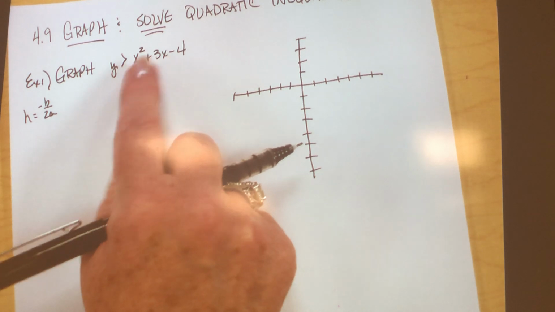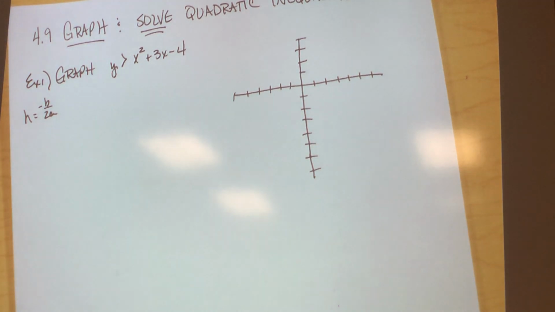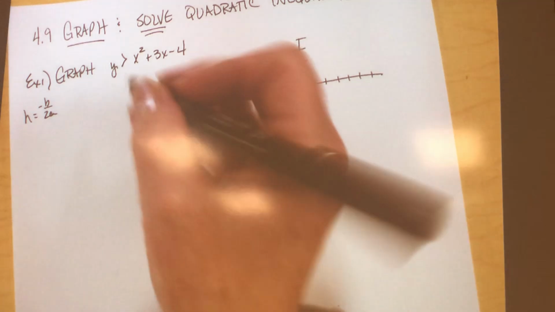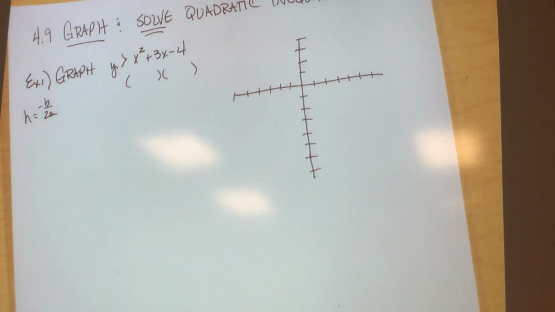So I'll look at this and I go, can I factor that pretty easy? You agree you can factor it? 15 seconds, you factor it. Go. Okay, you got it?